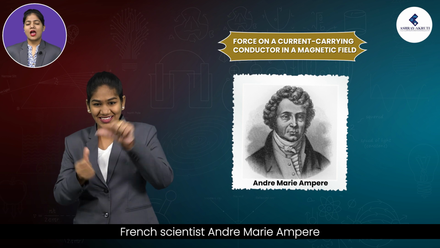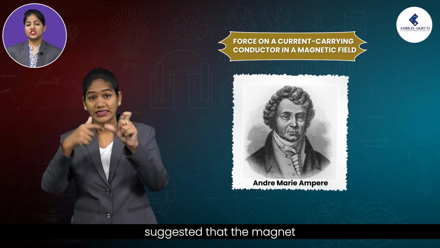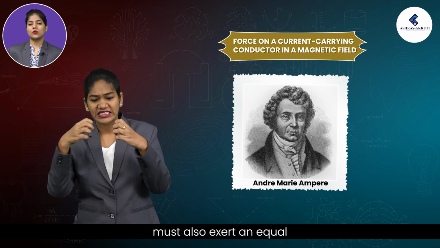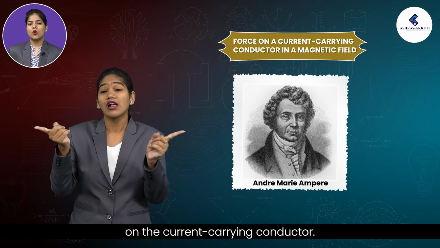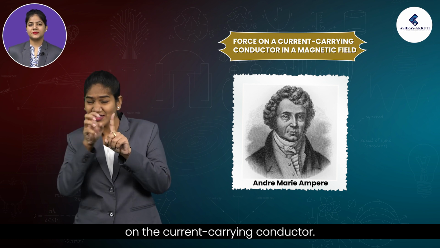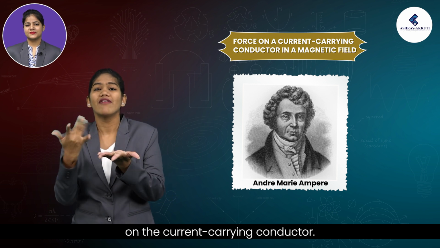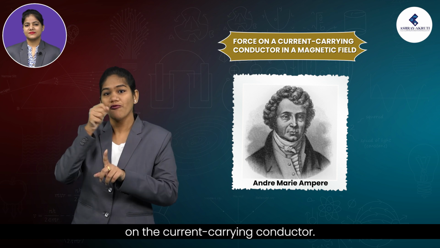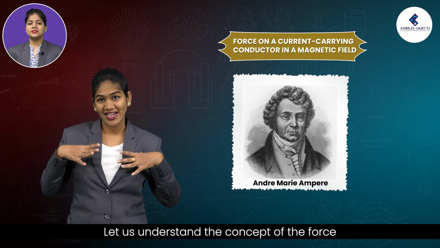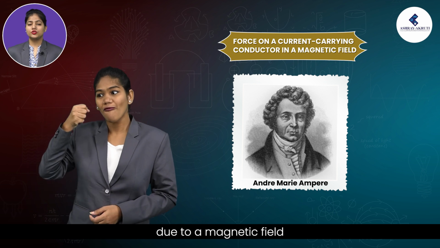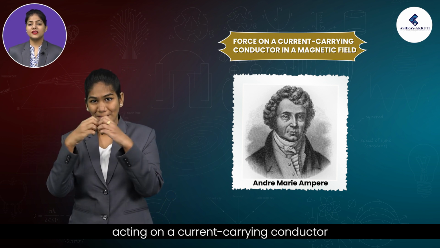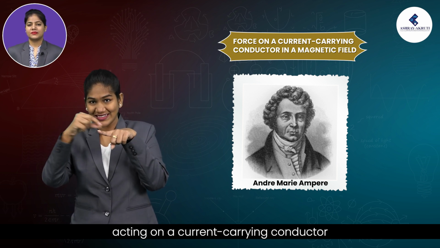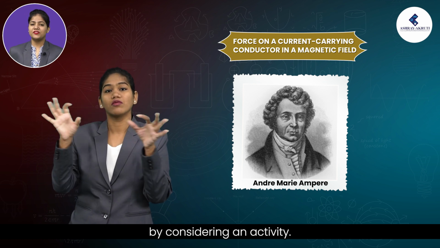French scientist André-Marie Ampère suggested that the magnet must also exert an equal and opposite force on the current carrying conductor. Let us understand the concept of the force due to a magnetic field acting on a current carrying conductor by considering an activity.